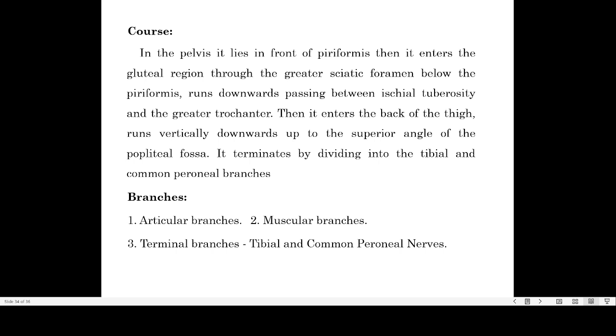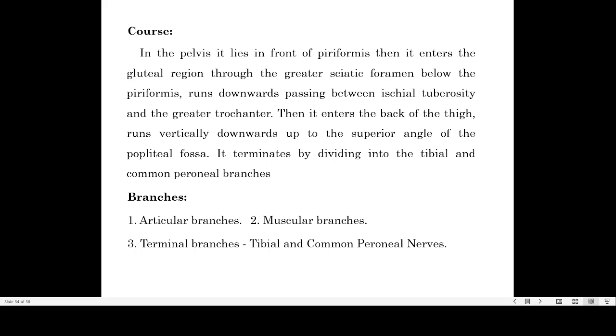Then the branches: the articular branches, then the muscular branches, and the terminal branches, that is the tibial and common peroneal nerves. So remember, the sciatic nerve is an important nerve that gives these branches.